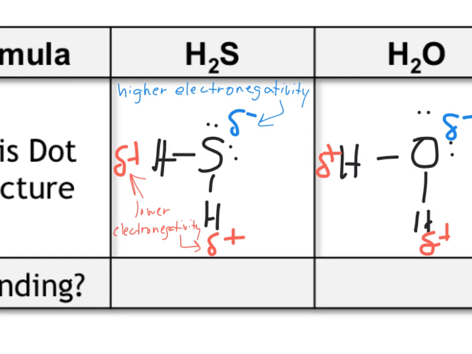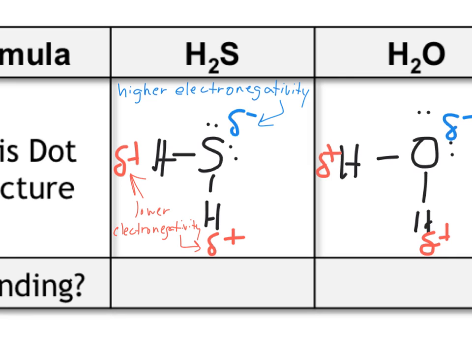So since this molecule is polar, it has slight positive and slight negative ends, then if you introduced another molecule that was polar, you would have attractions between these molecules. So you definitely would have dipole-dipole attractions, no question at all.